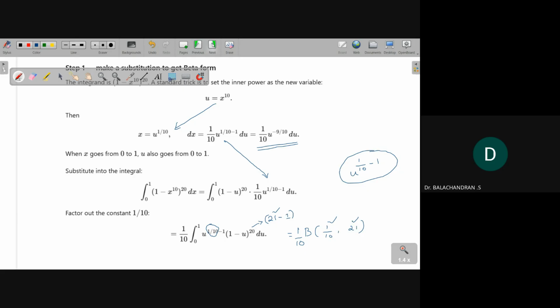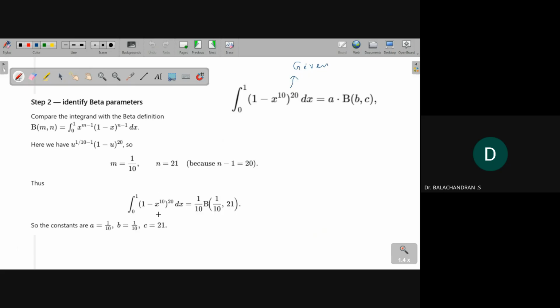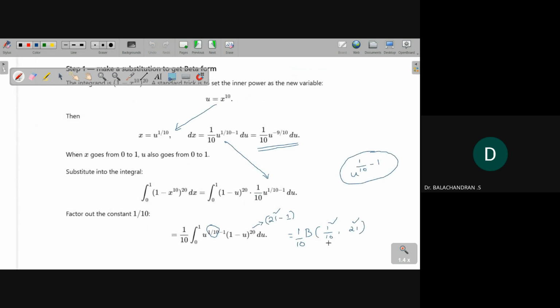That is what I explained here, step by step. So integral 0 to 1 of (1 minus x power 10) whole power 20 dx is equal to 1 by 10 into beta of 1 by 10 comma 21.